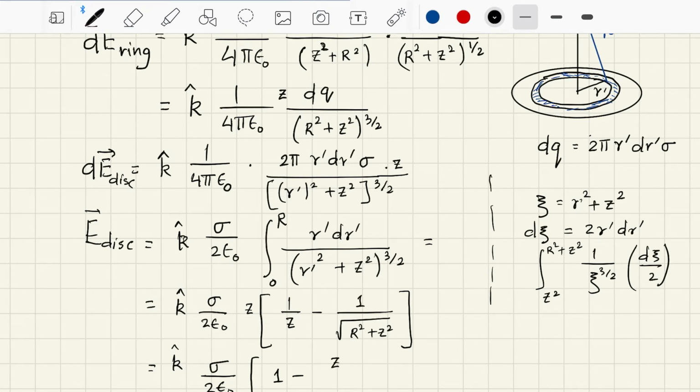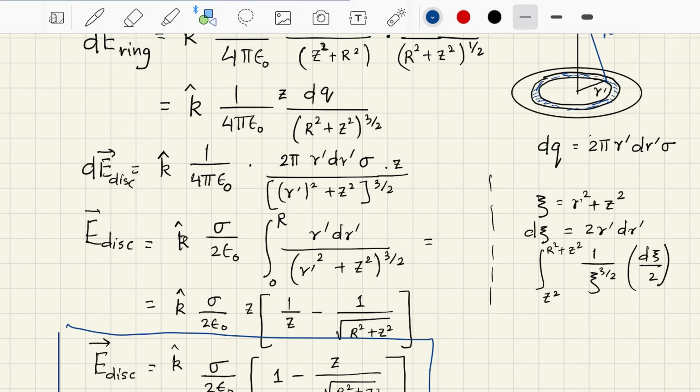So this becomes now z by root over r square plus z square. All right. So that's actually very useful. Don't remember it, we can always get it because it's so easy. So E disk is indeed a very simple expression on the z-axis.